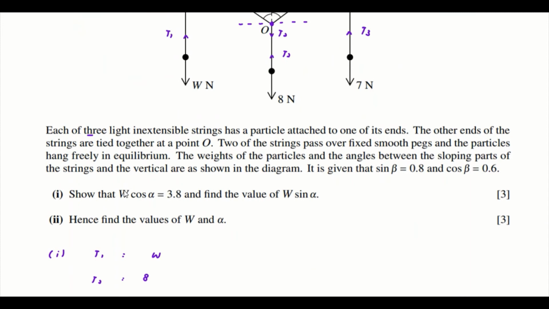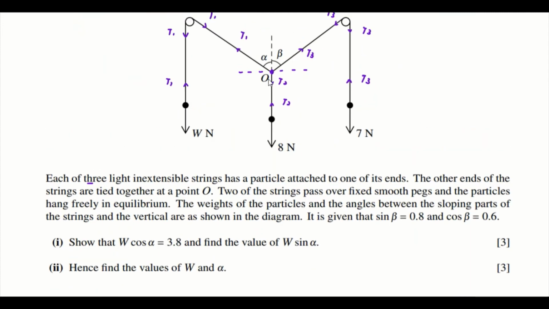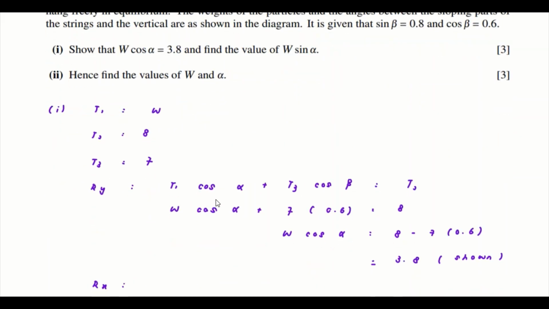Now by using the exact same idea, we can try to find W sine alpha by resolving in the horizontal component. We don't have any T2 anymore because it's perpendicular. So we have T1 sine alpha equal to the right-hand side, which is our T3 sine beta.